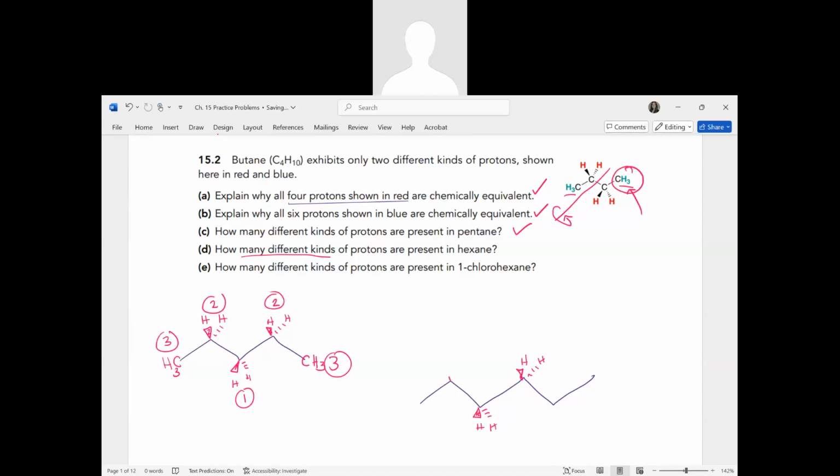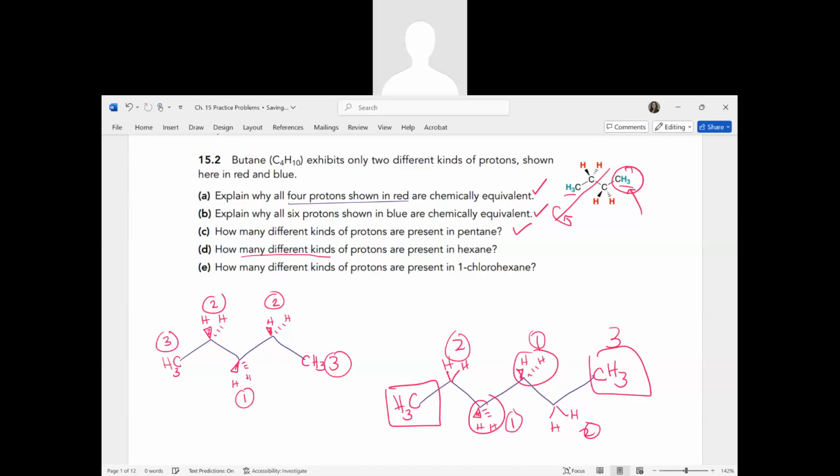Then we have, again, these 2 here and here. So now we have 2 distinct signals. And last, we would have these 2 CH3 groups showing a third. So we have one signal here, then our second signal with these 4 protons, and then that third signal shown here.